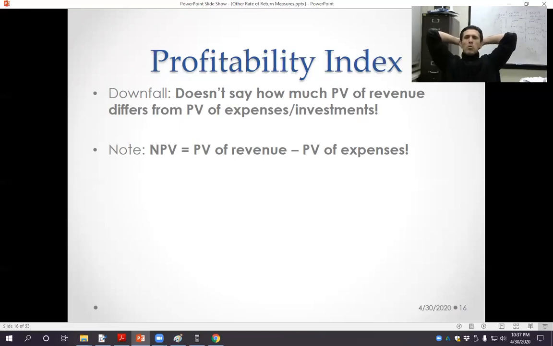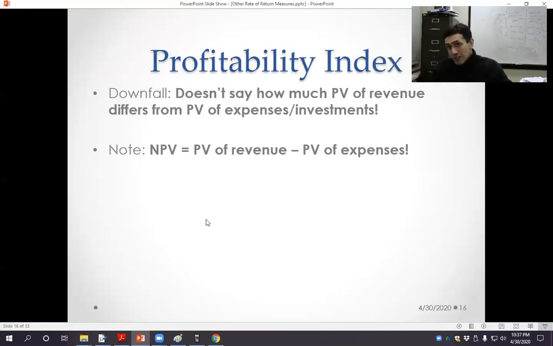Okay? Well, really, taking the present value of the cash flow is the same thing as taking present value of revenue minus present value of expenses, because here we're thinking of expenses as positive, whereas when we take present value of the whole cash flow, we're thinking of expenses as negative. So it's literally the same thing.